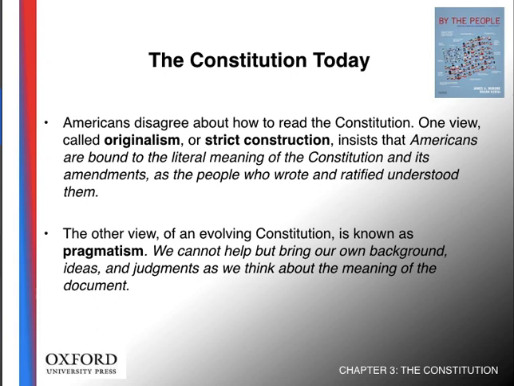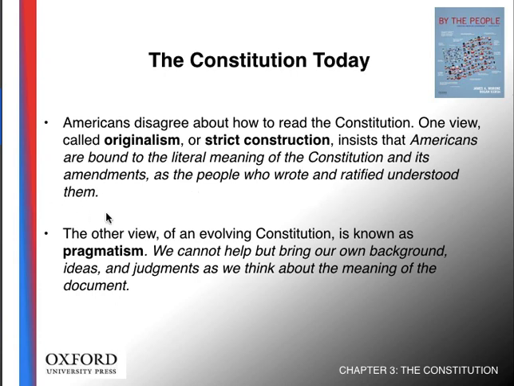Lastly, on the Constitution, there are two terms, originalism and pragmatism, that you need to read about in your book. Originalism is a way of looking at the Constitution, in which Americans are bound to the literal meaning of the Constitution and its amendments as the people who wrote and ratified them understood them.